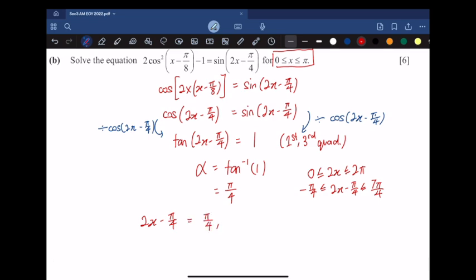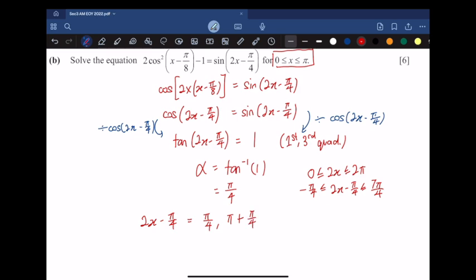In the third quadrant, your angle is pi plus the reference angle, pi plus pi over 4, which is equal to 5 pi over 4.